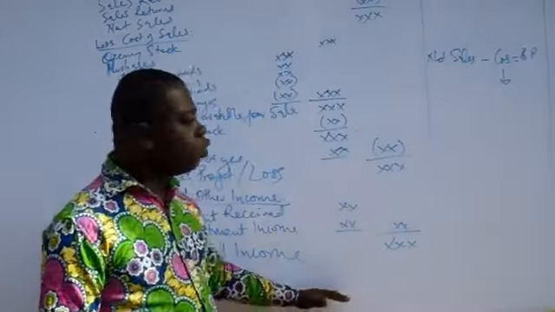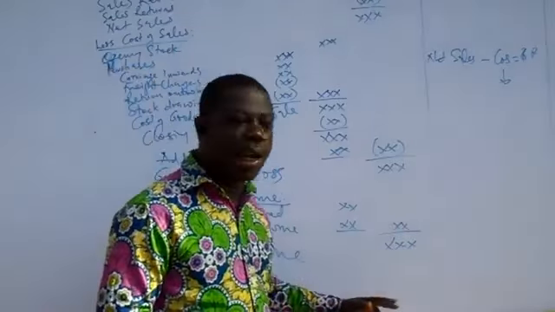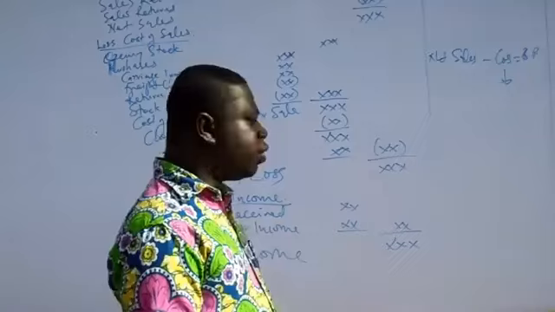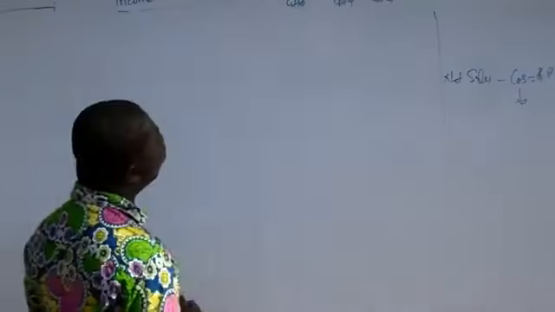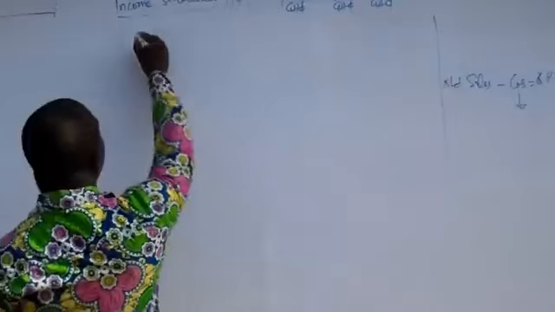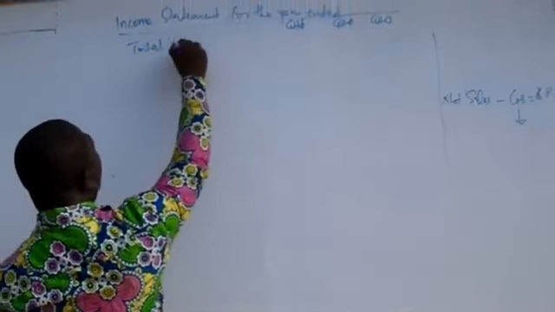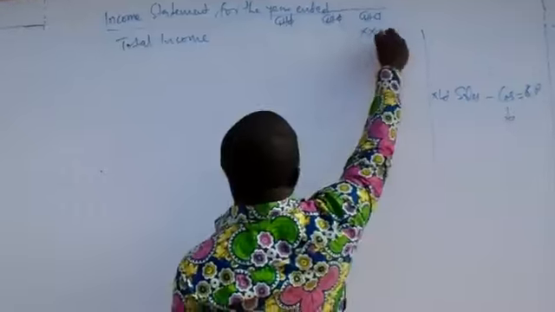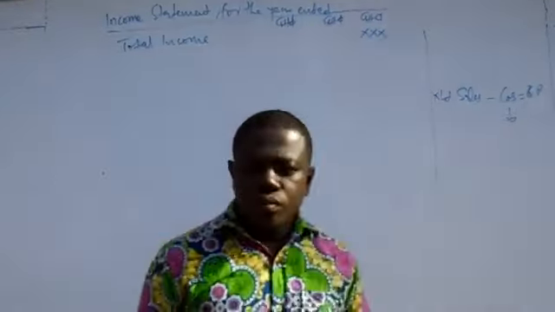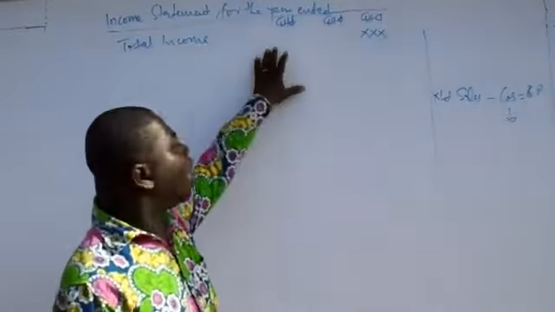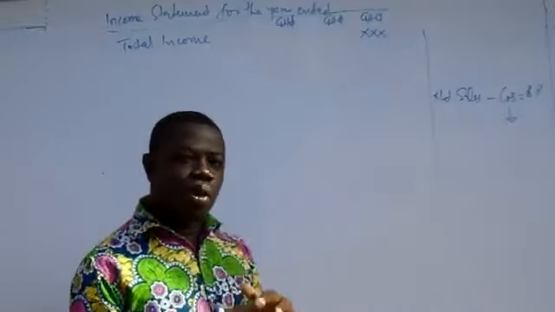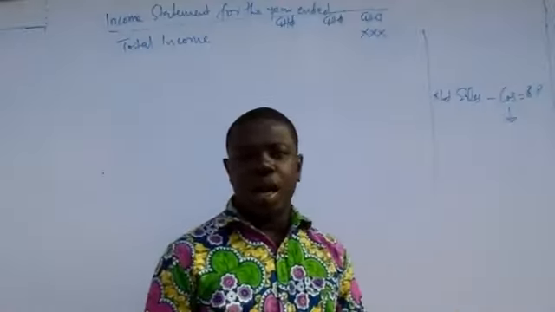And so I'm going to begin from the total income column up here, and I'm going to take out some common expenses in order to get our net profit. Okay, so now we have our total income, and what we do now is that we just take out our expenses.